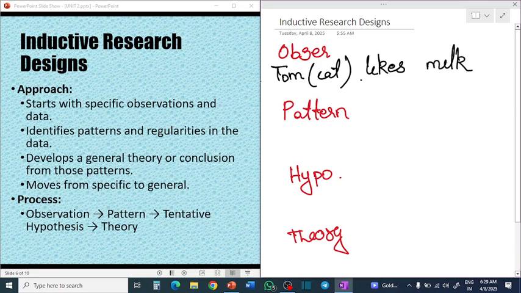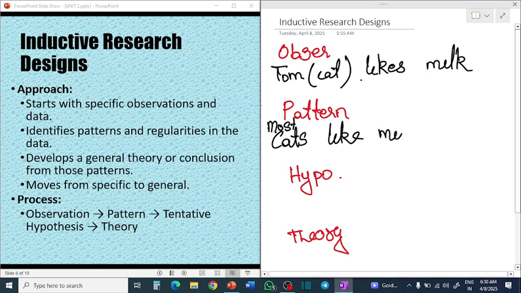This is the observation that you have made, that Tom, which is a cat in your house, likes milk. Now you will see a pattern, whether other cats like milk or not. So you see a pattern that most of the cats like milk.